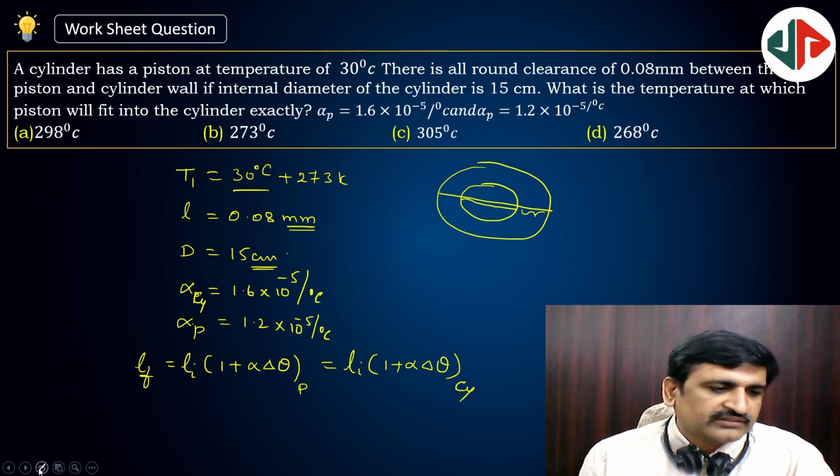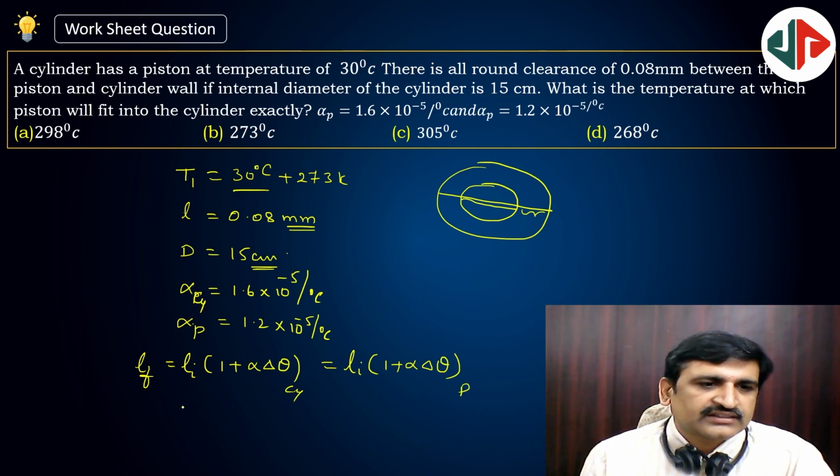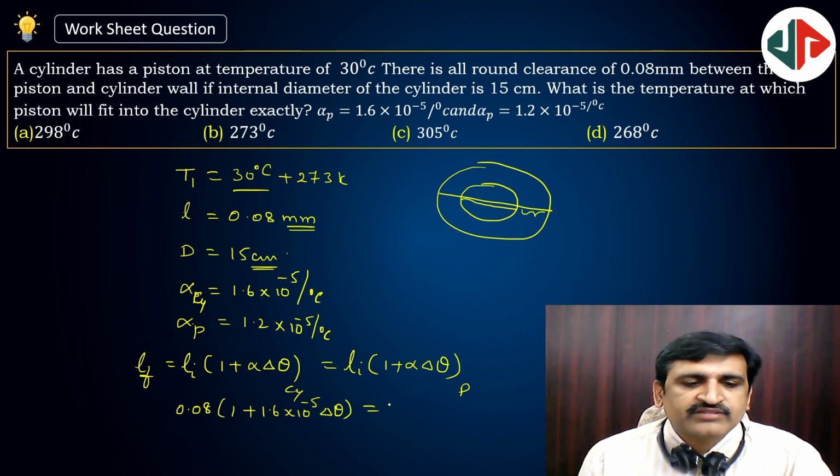So I'll write the substitution and you can simplify this. Piston, cylinder: 0.08 into 1 plus 1.6 into 10 to the power of minus 5 into delta theta is equal to 150.